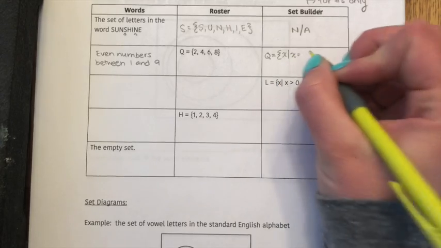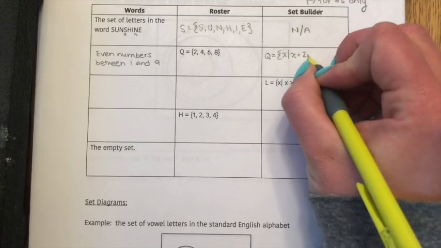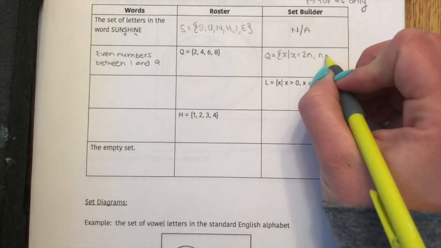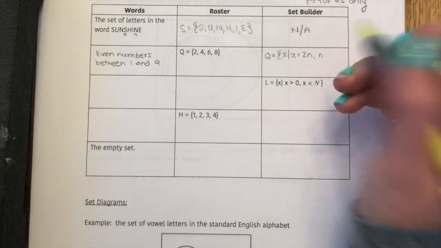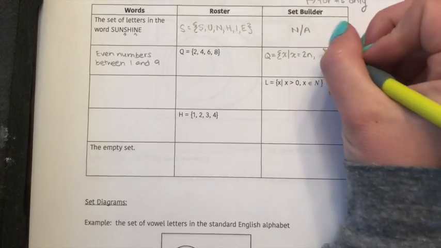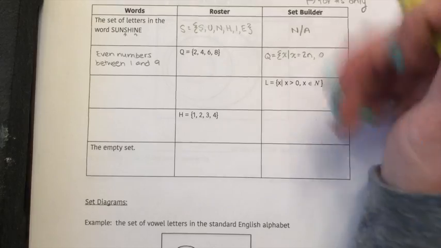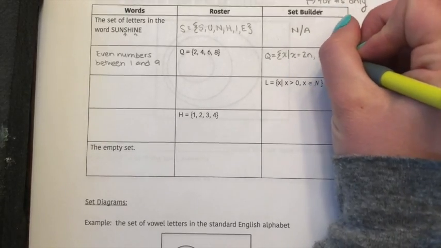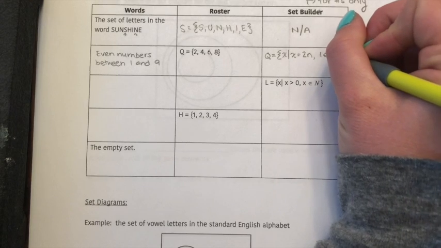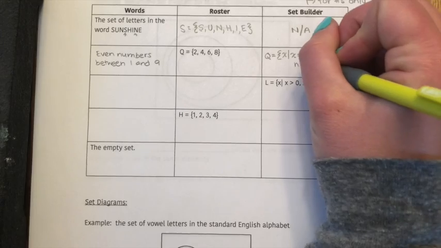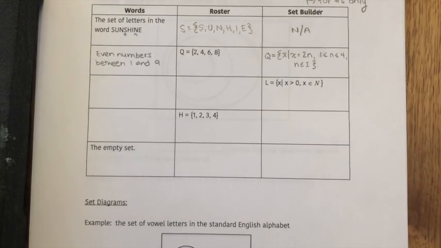X is going to be equal to 2 times n, okay? Where n is between, actually, I didn't want a 0. N is between 1 and 4, and n is an element of the integers.